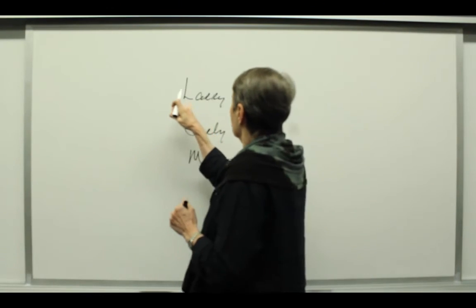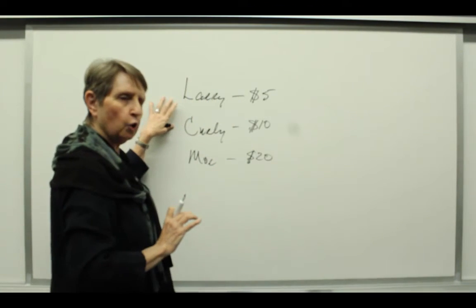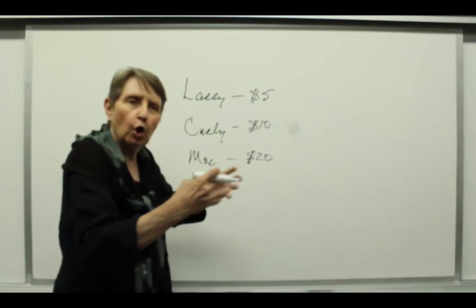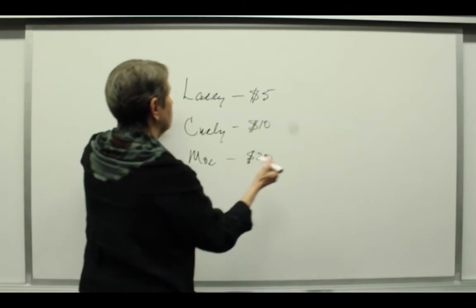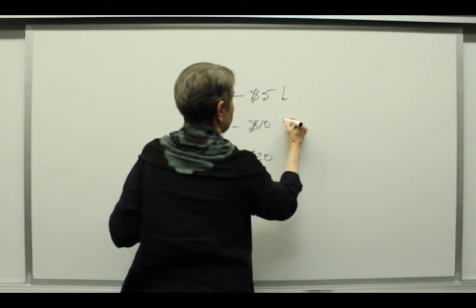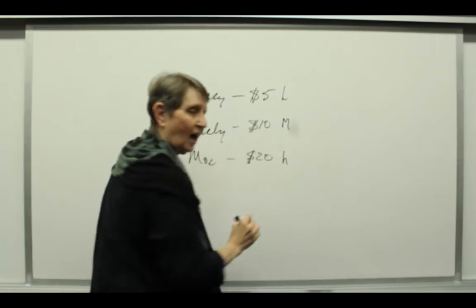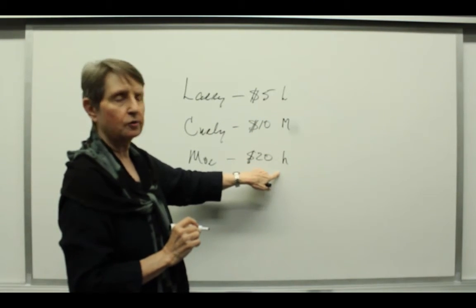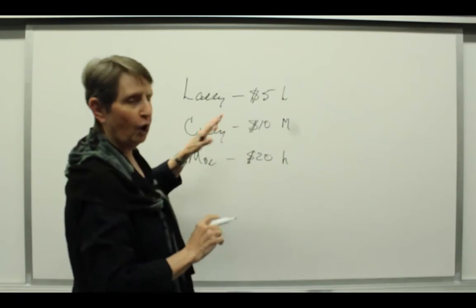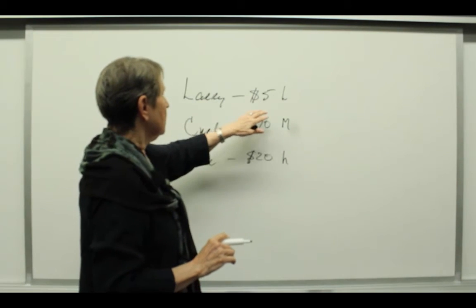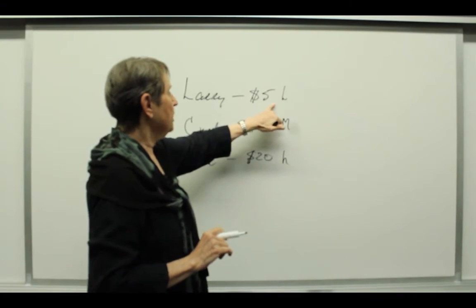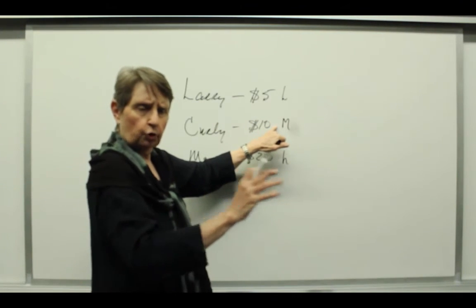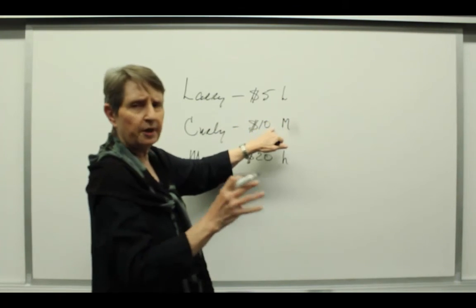And so what happens is, if we take a vote, and it doesn't matter how you arrange these votes, we'll call this low, we'll call this median, and we'll call this high-cost lunches. Low-cost lunch, median-cost lunch, high-cost lunch. If we take a vote among these three people and we say, should we have low or median lunch? Should we go to a low-cost place or a median-cost place?